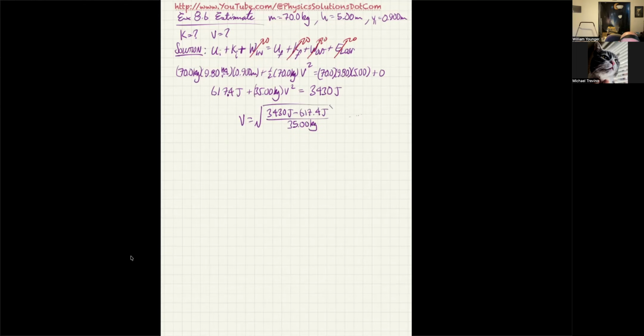That is 3430 minus 617.4, divide that by 35, and now take the square root of that, and that gives me much better. That gives me 8.96 meters per second, and that's much more like what the answer in the book has.